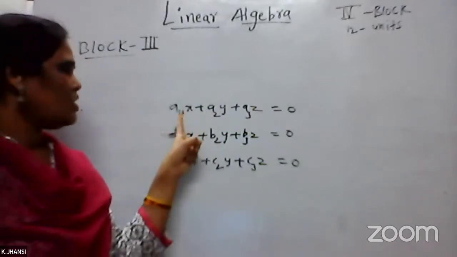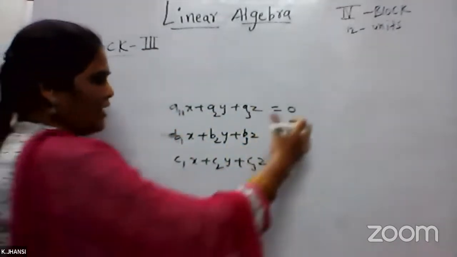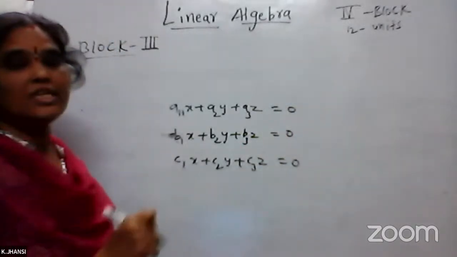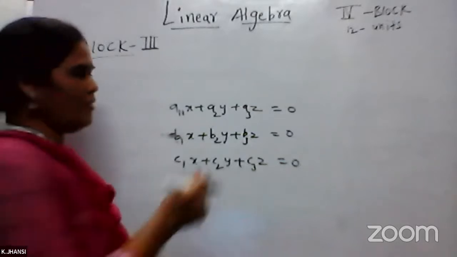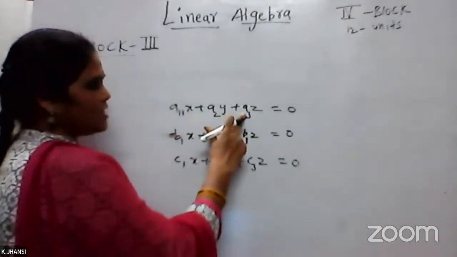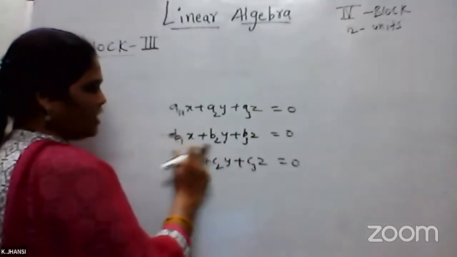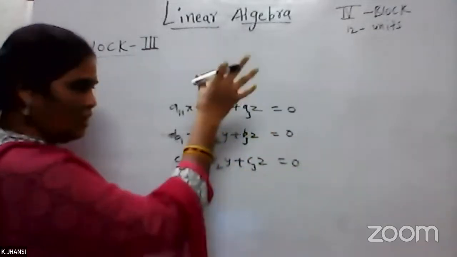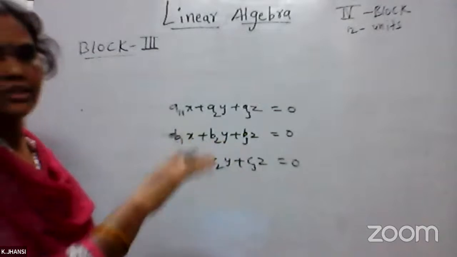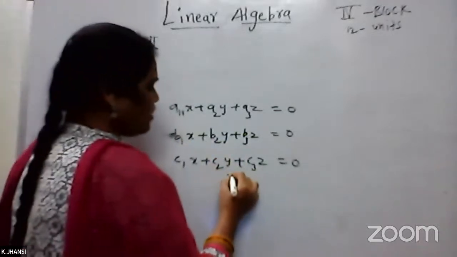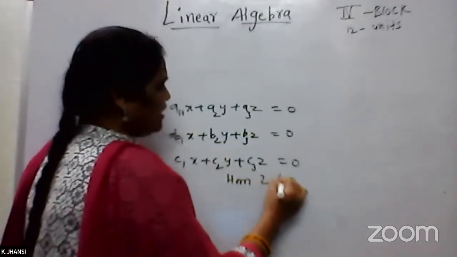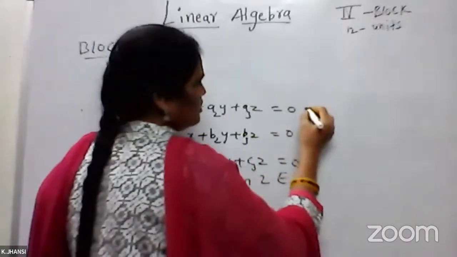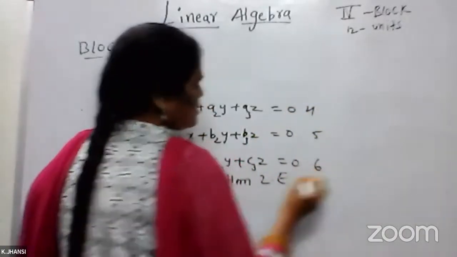If on the right hand side you have zeros, then we call it a homogeneous linear equation, that is a1x plus a2y plus a3z equals 0, b1x plus b2y plus b3z equals 0, and so on. If you have zeros on the right hand side, it is called homogeneous linear equations.